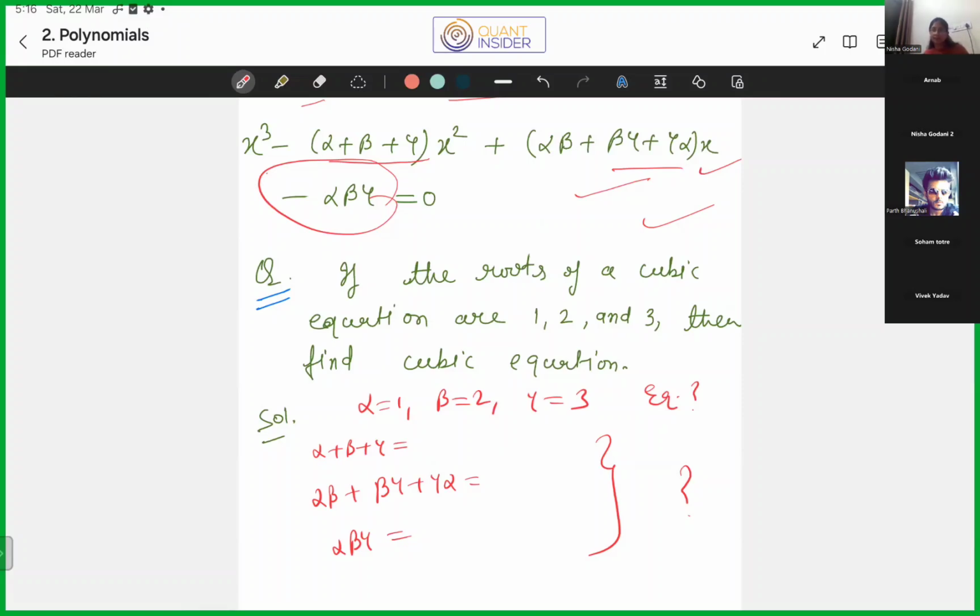Who will tell? Six, 11, 3. 6 is the sum of roots. Okay. Now you are saying 3 is the product. How? Alpha into beta into gamma.